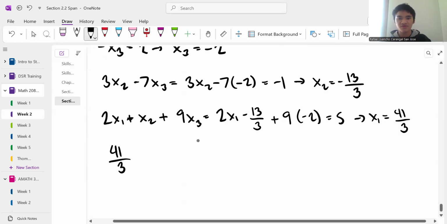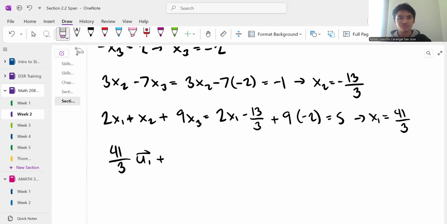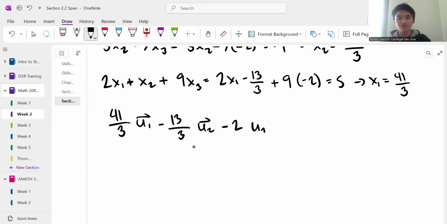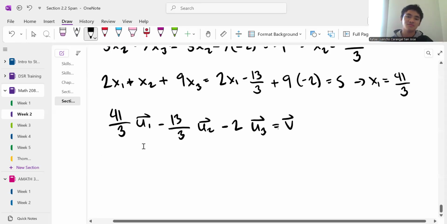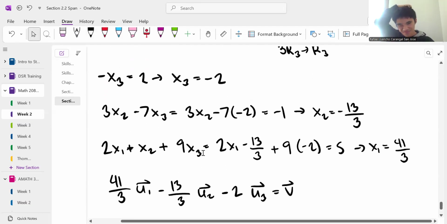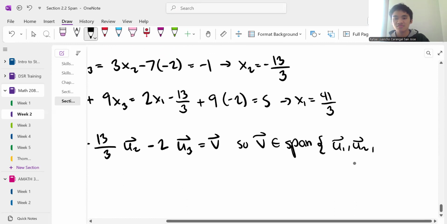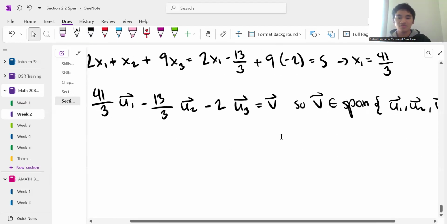So we got 41 over 3 of u sub 1, minus 13 over 3 of u sub 2, minus 2 of u sub 3 is just v. I don't want to show it, but it's probably correct. So v is in the span of the 3 vectors, or the set that contains 3 vectors, to be precise.